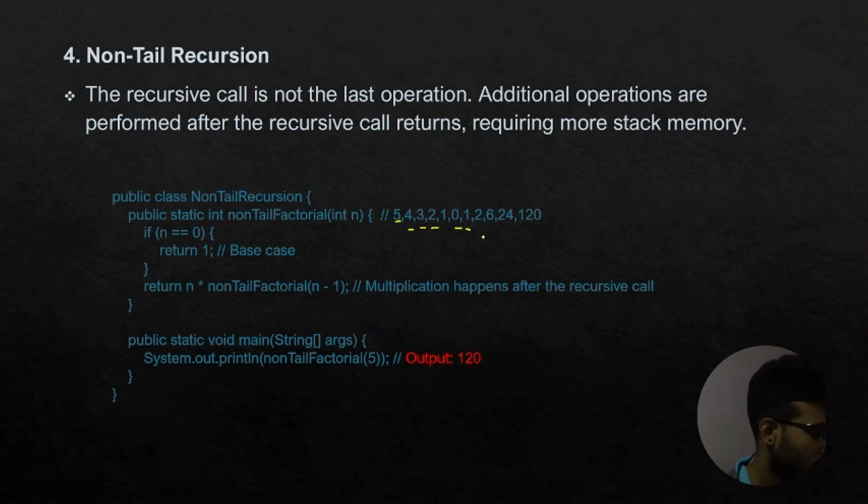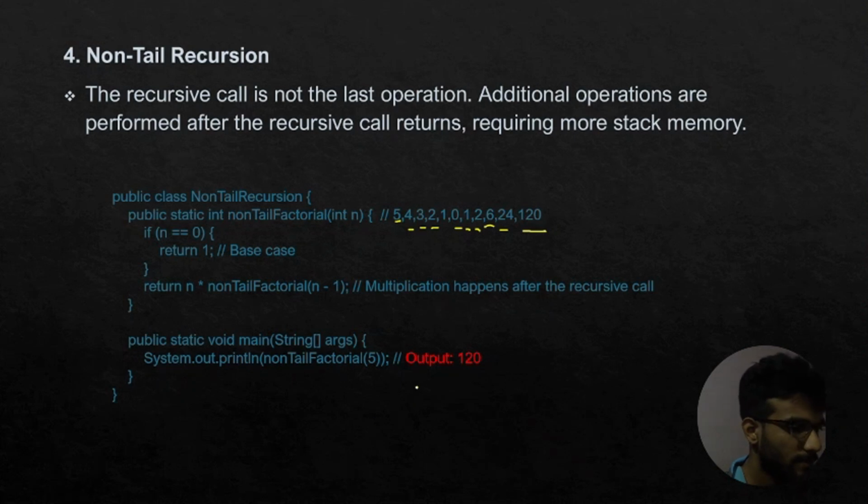It would be 1 into 2, which is 2, and then it returns 2, and 2 into 3 would be 6, and it will return 6 to the next recursion, and it will be 6 into 4, that would be 24, and then 24 into 5, and then it would be 120.